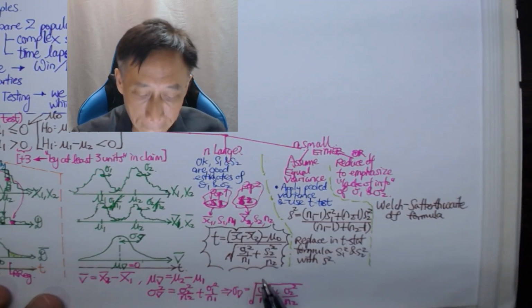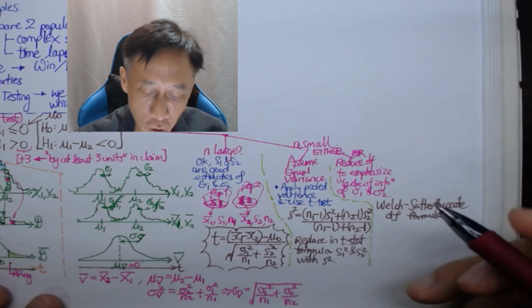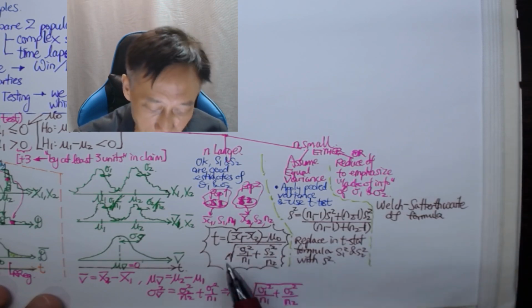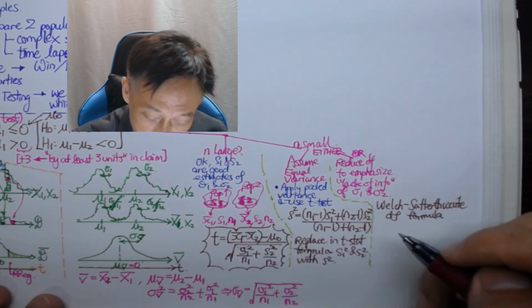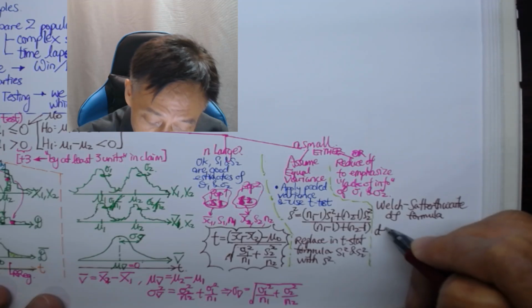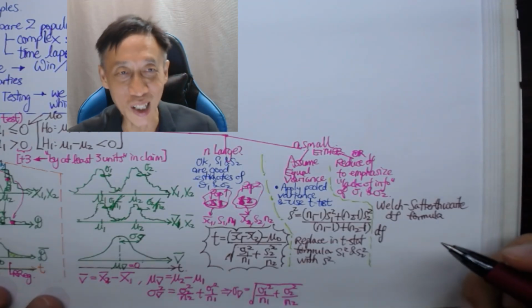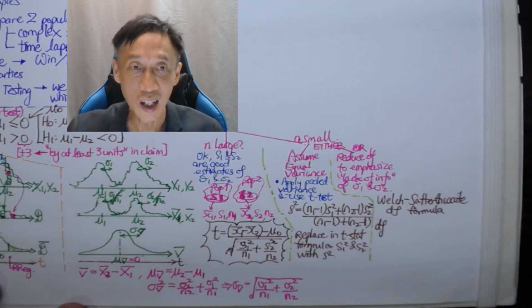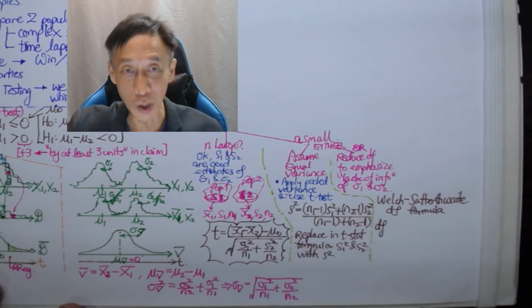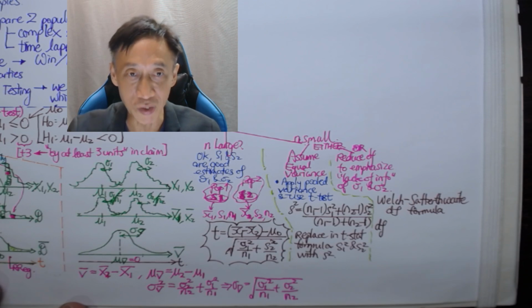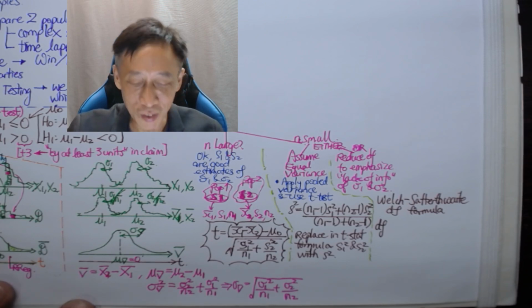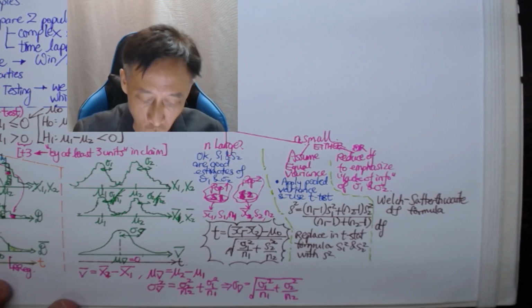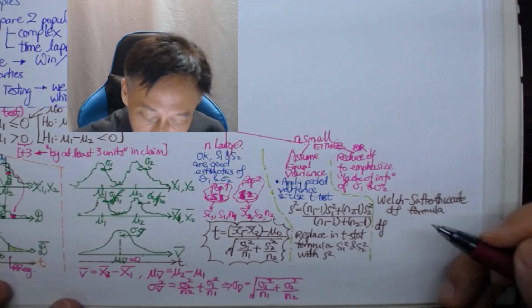So keep, but change not the S1 square, S2 square. Keep everything as it is, but change as in reduce. You don't increase DF. Increase DF means, remember, DF goes to infinity, means like Z. Z means we know sigma, means we know sigma infinitely well. So DF, in this case, is going to be reduced, also penalized.